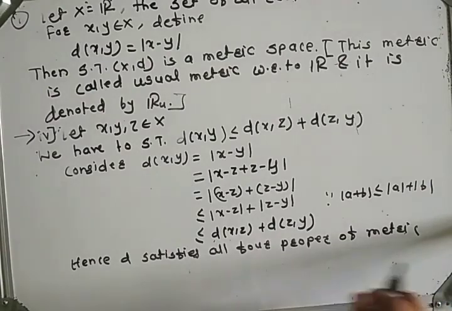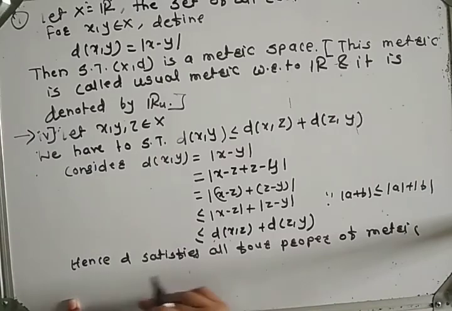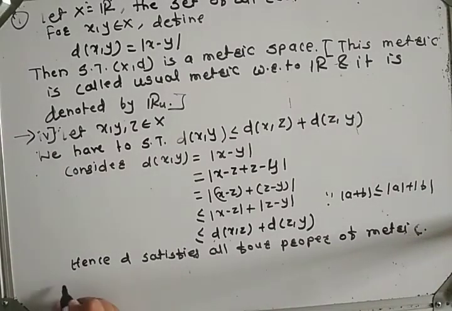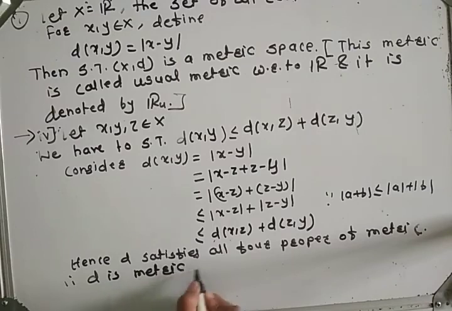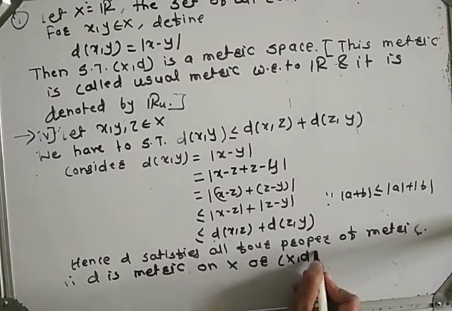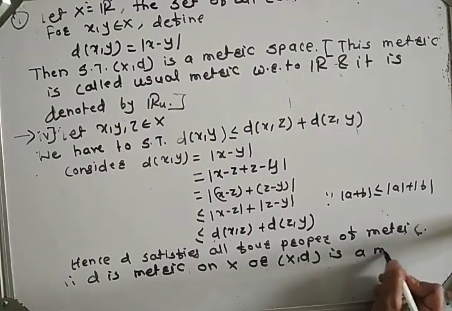Hence, d is a metric on X, or ordered pair (X, d) is a metric space.